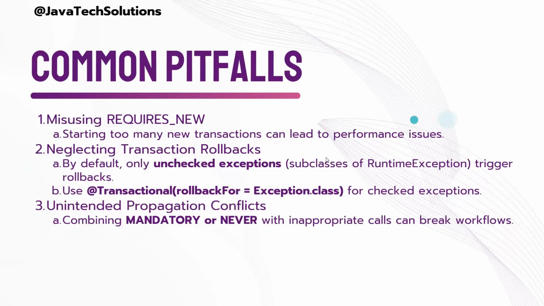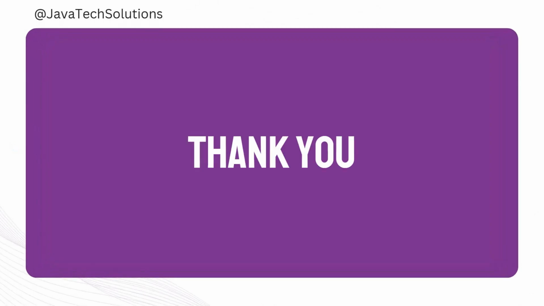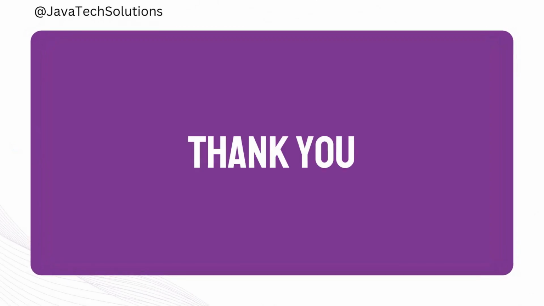That's all actually for this one, and that wraps up our deep dive into transaction propagation types in Spring. We have explored how these propagation strategies like requires new, supports, and more actually give you more control over the transaction behavior in your application, right?